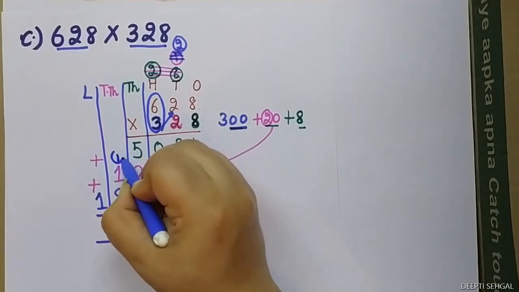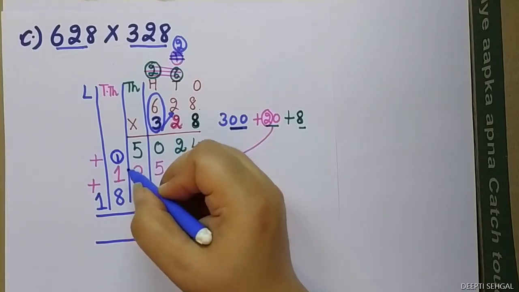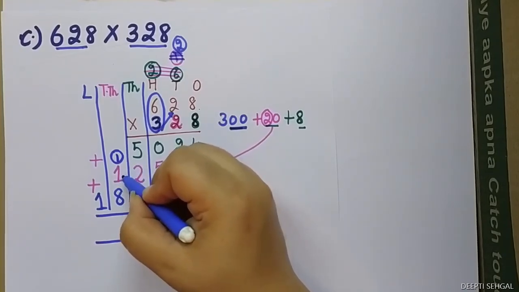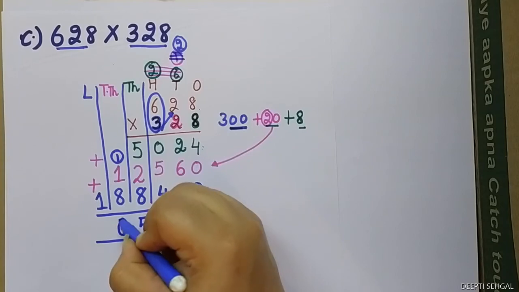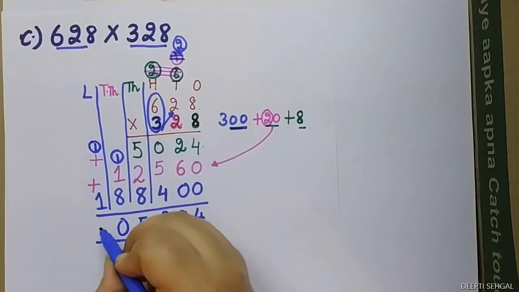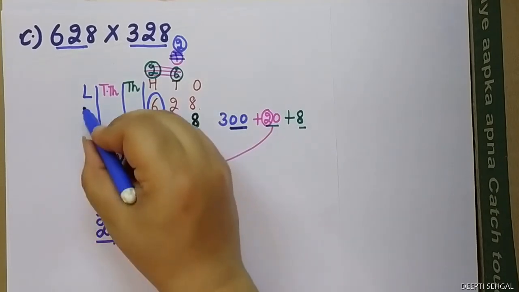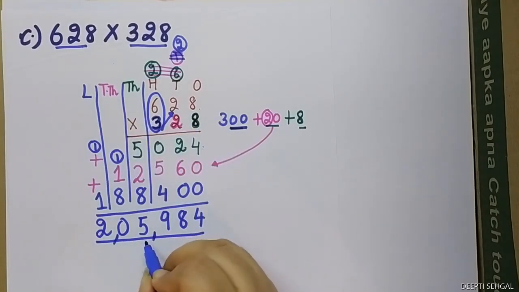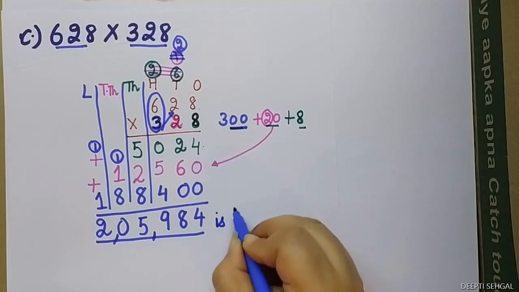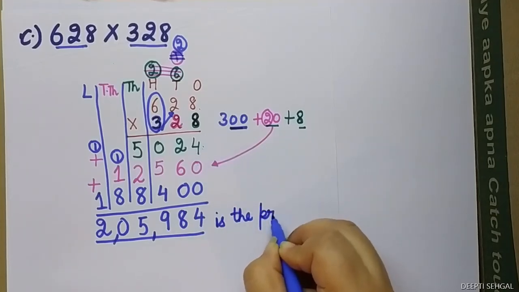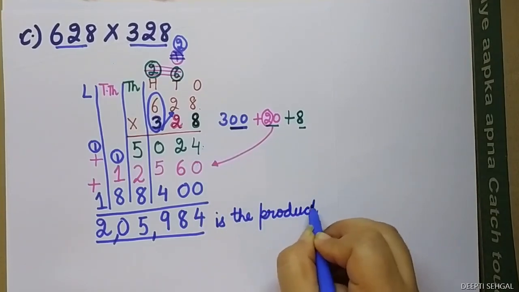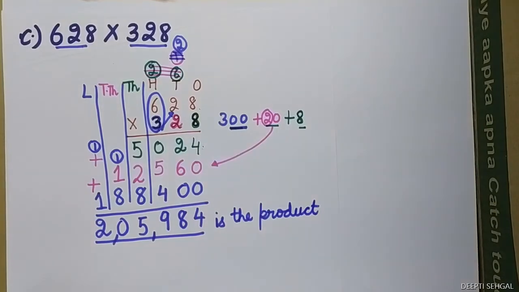Then 1 carryover. Now 8 added to 1, 9. Added to 1 is 10. And again 1 carryover, and this is 2. So what is the product? 2,05,984 is the product. Now you try yourself.